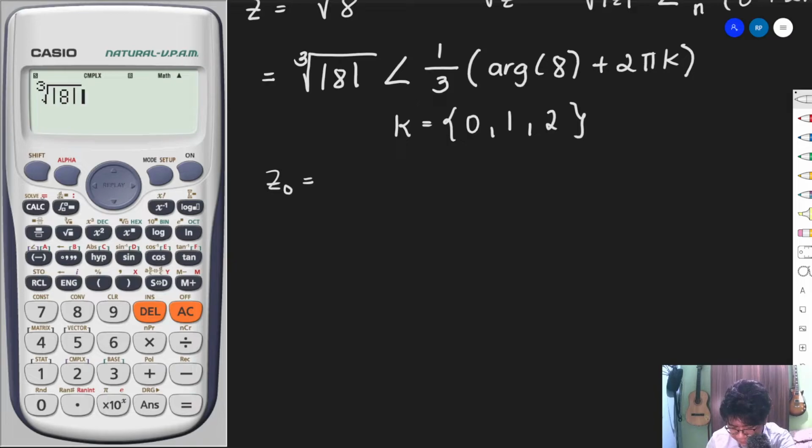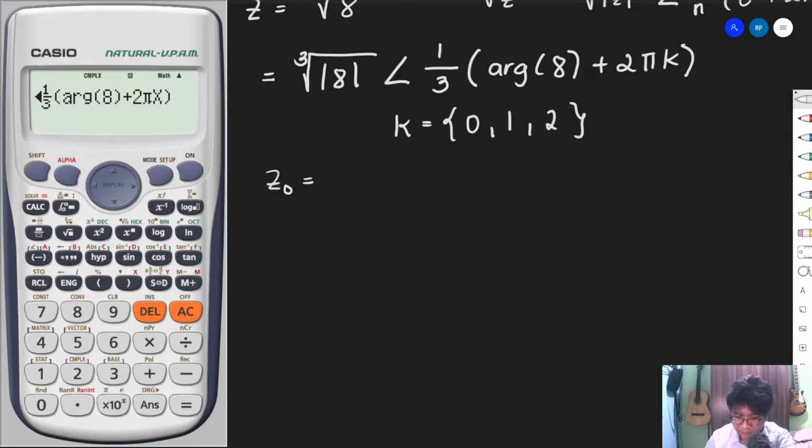Then we have the shift angle, so the angle sign appears, 1 over 3, parenthesis, shift 2 1 so the argument appears. Then 8. Plus 2 shift pi. Then for k, since we have no variable k, we can actually use any letter, but I prefer using x, so at least we know x is the unknown.